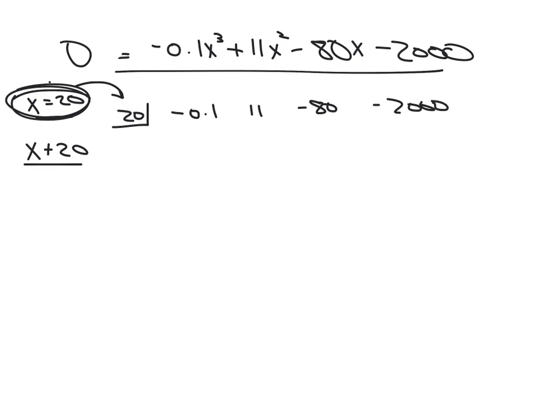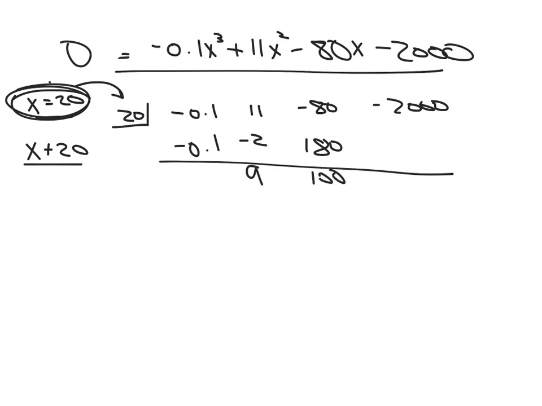Okay, so there's my numbers. I do the whole synthetic division. That would give me a negative 2, 9, 180, 100, 2,000. Add those together, get 0. And that's what I want. Okay, good deal.